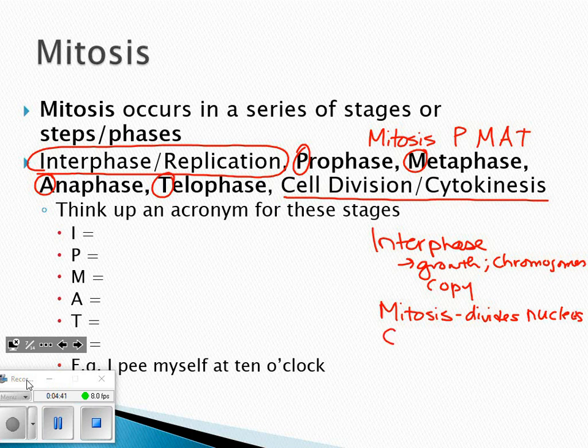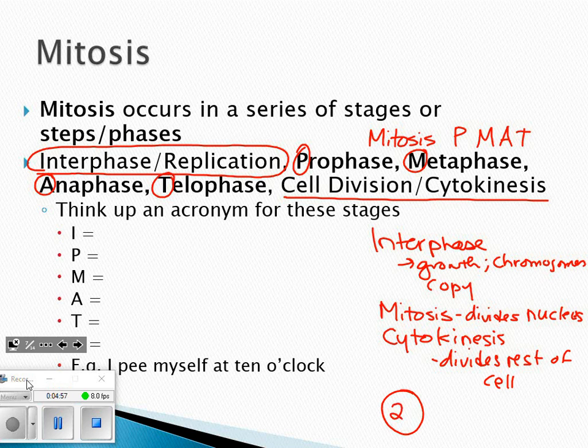And then cytokinesis divides up the rest of the cell. So we take 1 cell that's got 2 copies of the chromosomes, and we divide it into 2 identical cells.